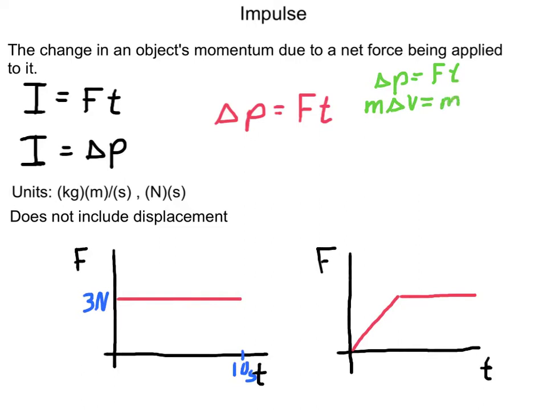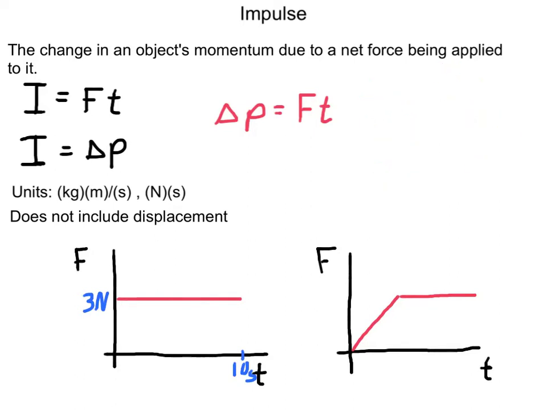Force is ma, so ma times t. Now, a is delta v divided by t, the equation for constant acceleration. So delta v over t times my t, and the two t's cancel out, which leaves me with m delta v equals m delta v, quickly proving that the two are exactly the same. That's not overly important to you, I just wanted to put down the proof really fast.